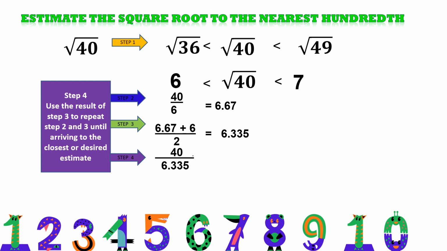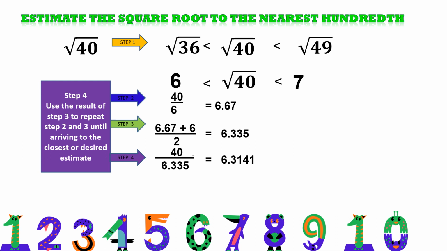So step number 2, divide 40 by the result of step number 3. So 40 divided by 6.335 is equal to 6.3141. Then we will repeat step number 3 also.